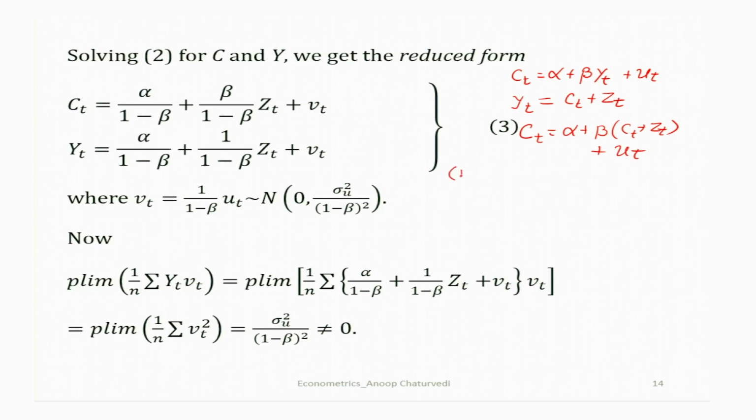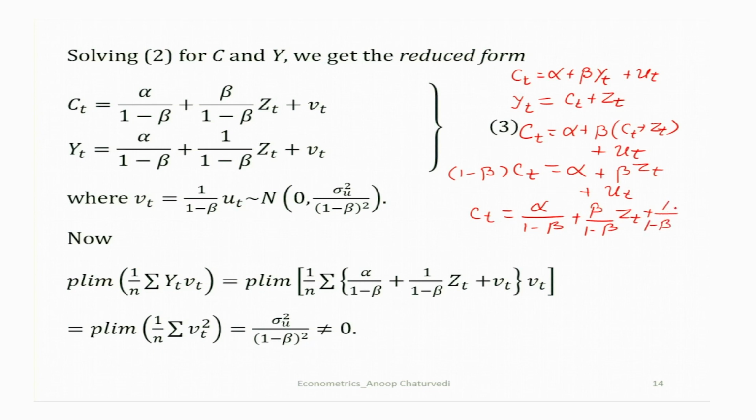So, you get 1 minus beta C t equal to alpha plus beta Z t plus u t, or C t is equal to alpha upon 1 minus beta plus beta upon 1 minus beta Z t plus 1 upon 1 minus beta u t, and then we write V t equal to 1 upon 1 minus beta u t.